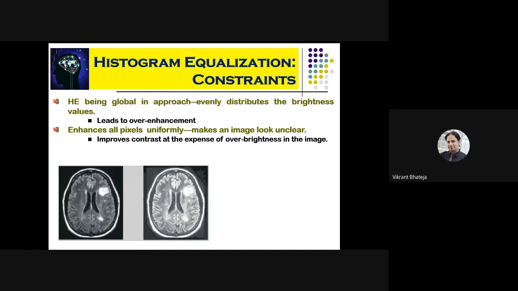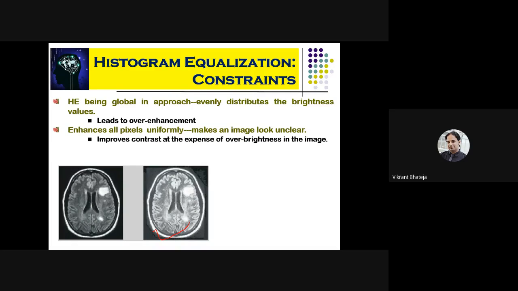Now, what happens when you apply this kind of a transformation function to the medical images? The problem is that when you conventionally apply histogram equalization, it leads to over enhancement.